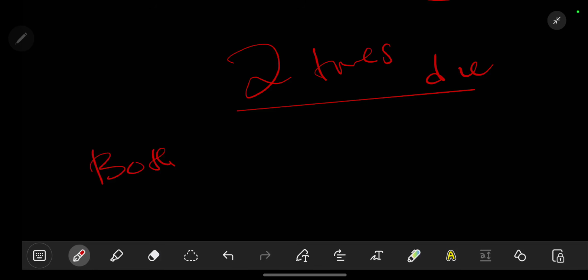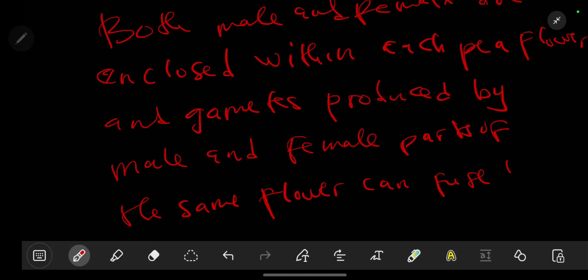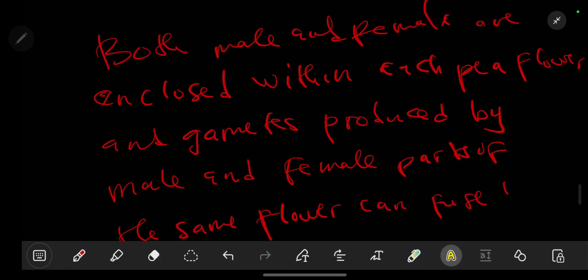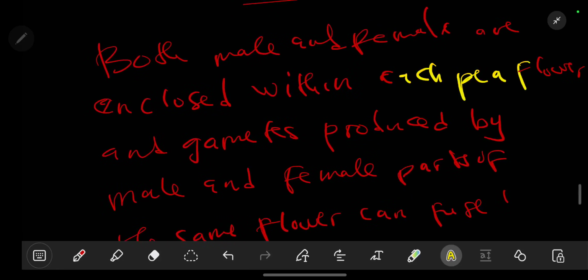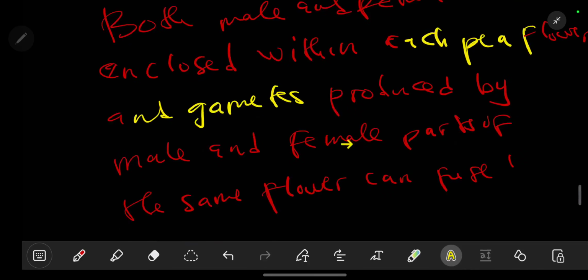This was made possible because both the male and female parts are enclosed within each flower, and the gametes produced by the male and the female are able to fuse, or merge.